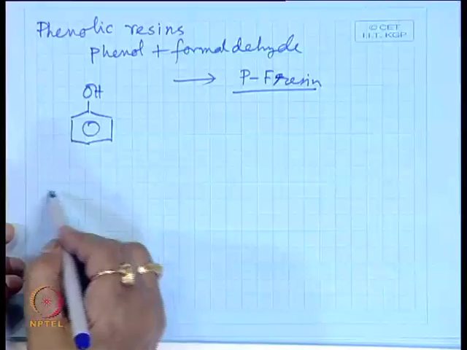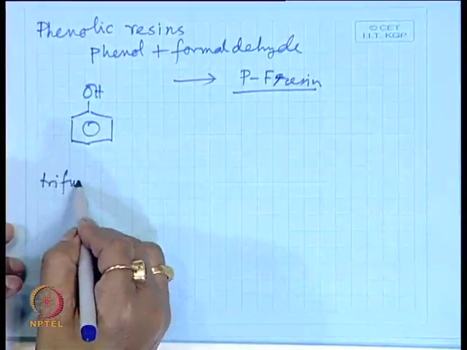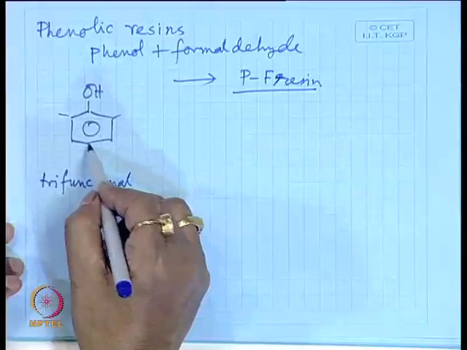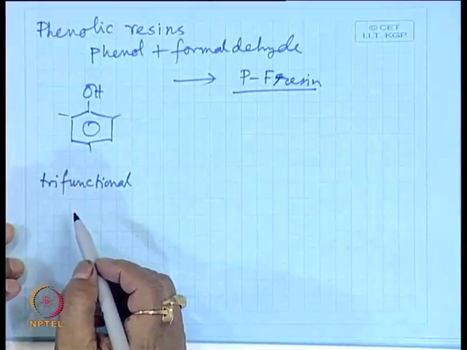It is trifunctional. Two ortho and 1 para position. These are reactive positions in this phenyl ring. So, this trifunctional phenol reacts with formaldehyde. Is it monofunctional?